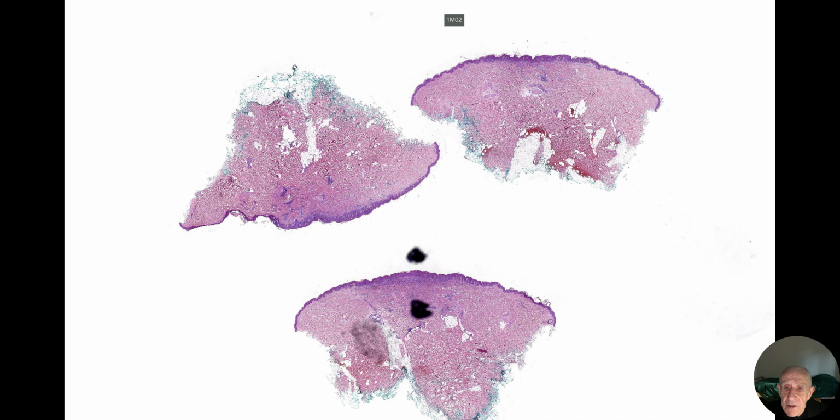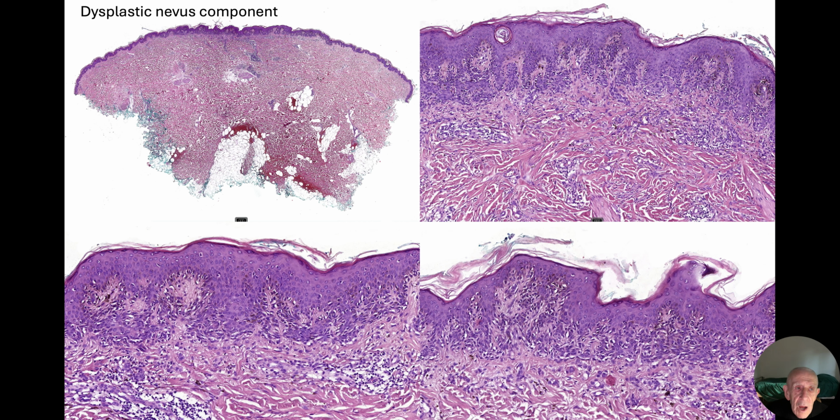And this is a nice example of melanoma arising in the dysplastic nevus that Antonina shared. The top 2 cuts show dysplastic nevus, the bottom shows melanoma, and there's the dysplastic nevus component there, which is junctional and shows nice bridging.